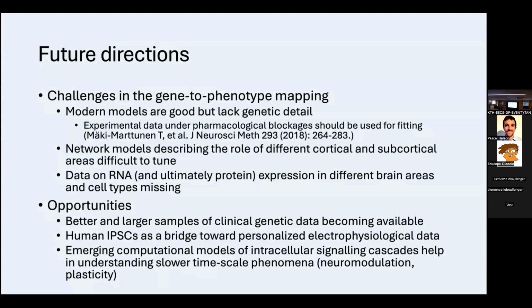But the literature data we used didn't all specify whether the experiment was made in the presence of a certain blocker, a PKC or PKA pathway blocker. So when we fit our model to those data, we cannot be sure that we have the PKA, PKC and CaMKII pathways correctly tuned. We just know that our model reproduces those data.